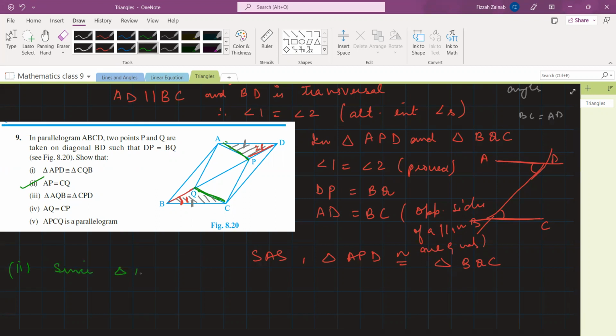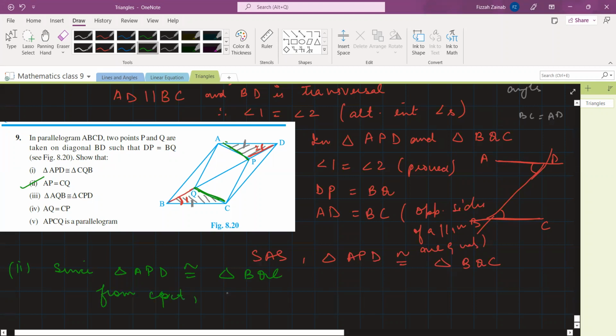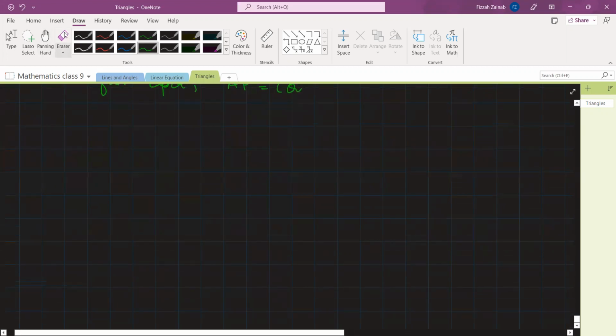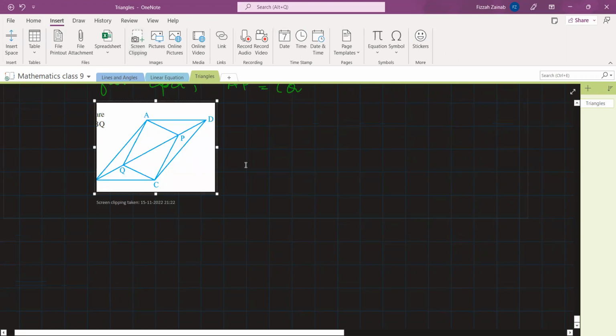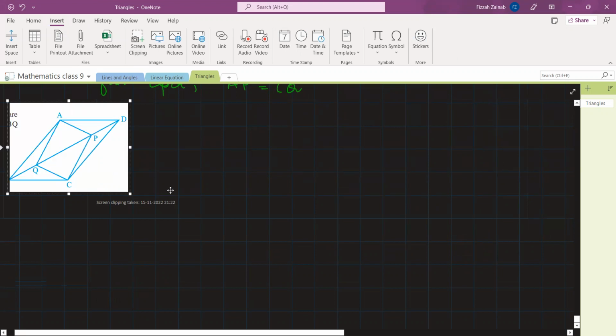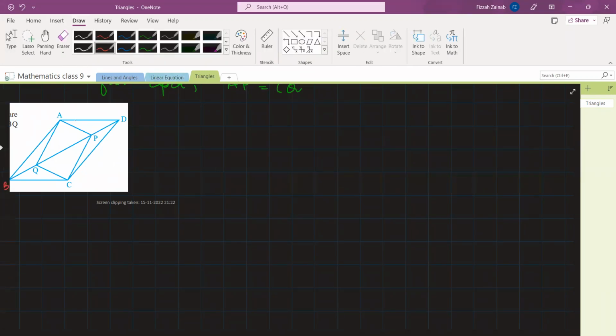So since triangle APD is congruent to triangle BQC, from CPCT, we can say that AP is equal to CQ. Okay, this is B here. Now, third part.